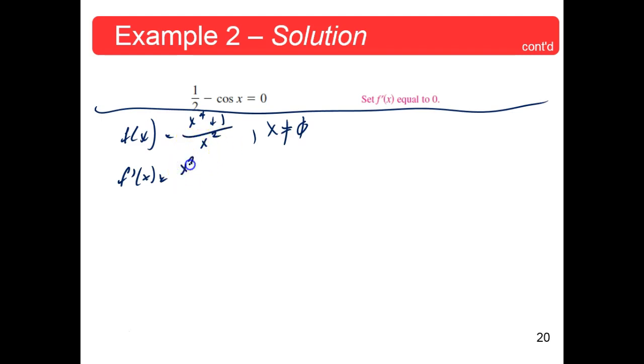So it'd be x squared times the derivative of the numerator, which would be 4x cubed, minus x to the fourth plus 1, the whole numerator, times the derivative of the second, 2x, over x to the fourth.